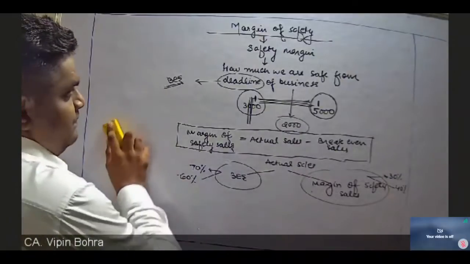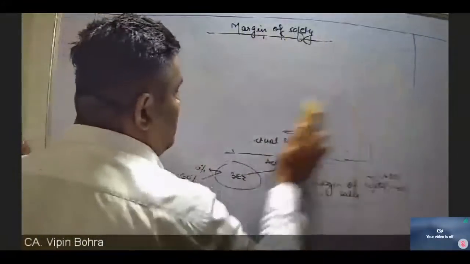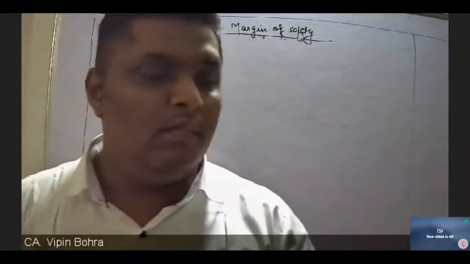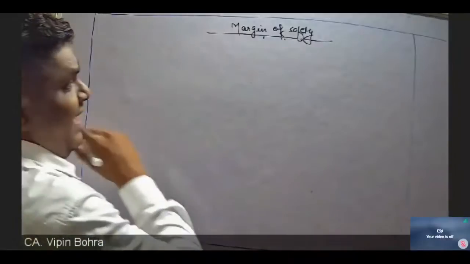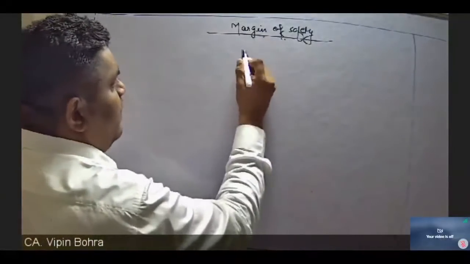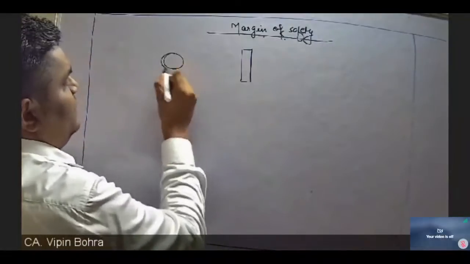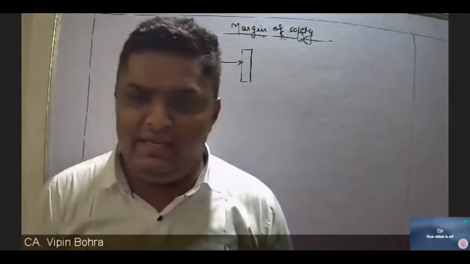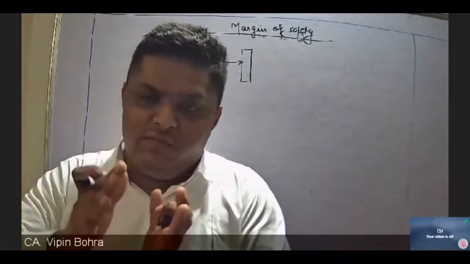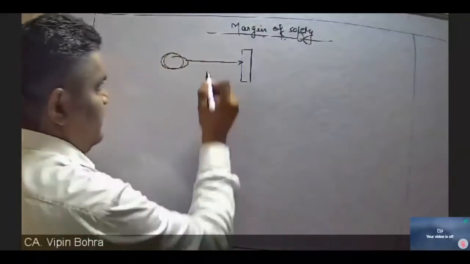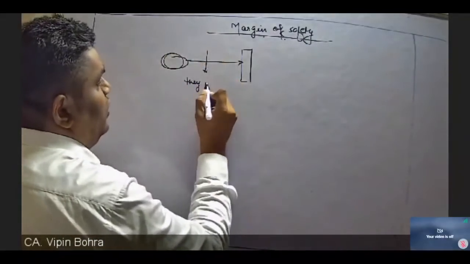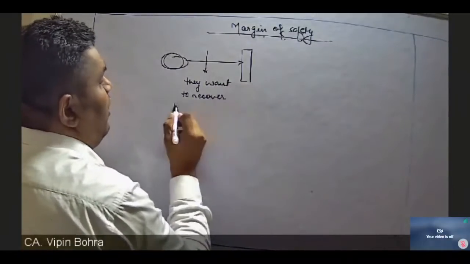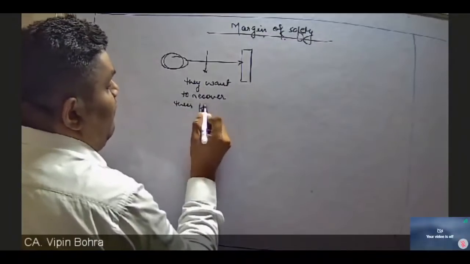Now, as I told you, every business first wants to achieve break-even sales. I repeat again, every business first wants to achieve break-even sales. That is, they want to recover their fixed cost first.